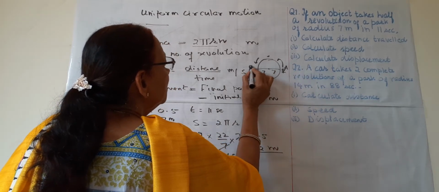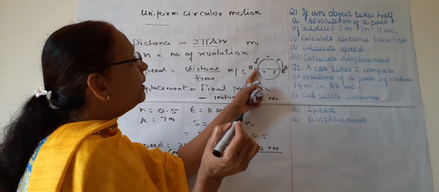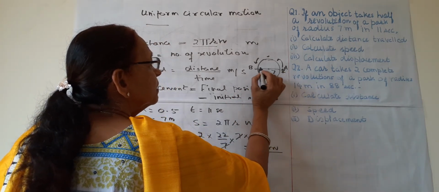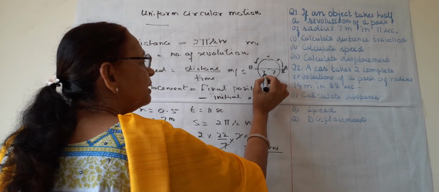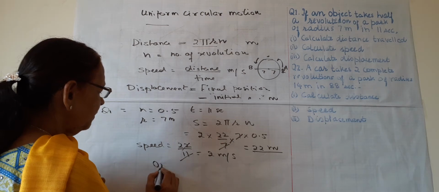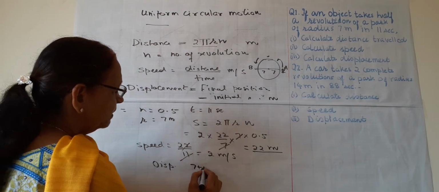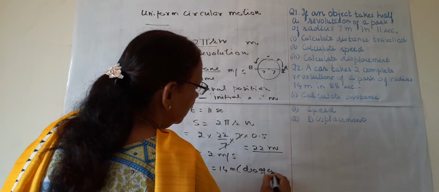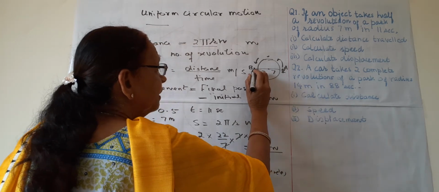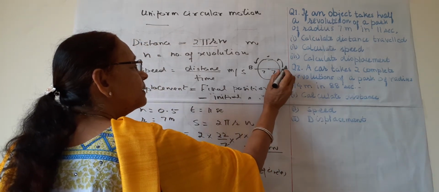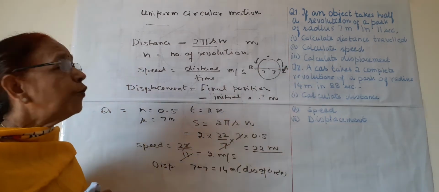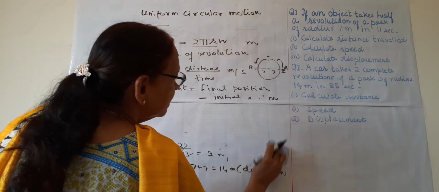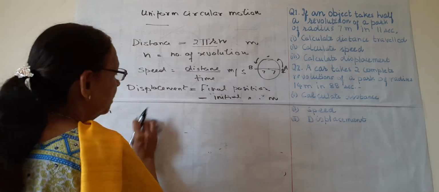Suppose he starts from A, so finally he will be at B after 11 seconds. So the smallest distance between A and B is 7 plus 7, 14. So the displacement will be 7 plus 7 equal to 14 meter, or the diameter of the circle. Final minus initial, so it will be 14. In this way we will calculate speed, distance and displacement in this numerical.